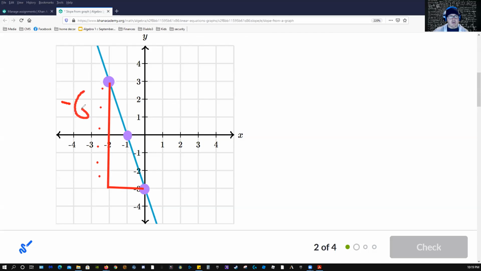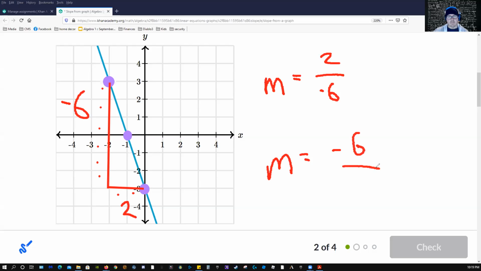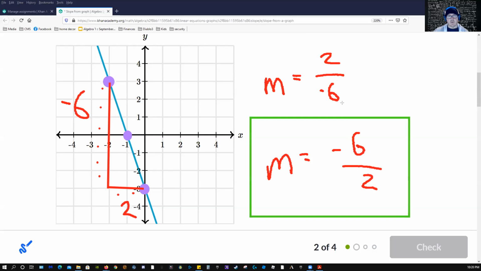So it's dropping 6 and over 2. So moment of truth, a lot of students mess this part up. One of these is right, one of these is wrong. Which one is it? That's the question. It's this one.